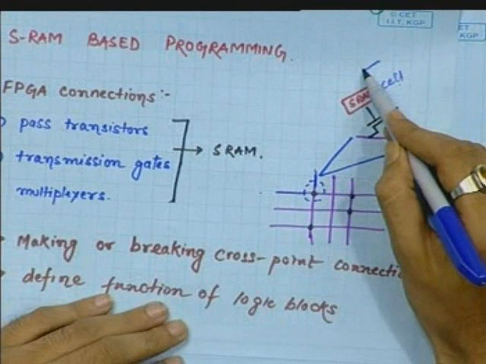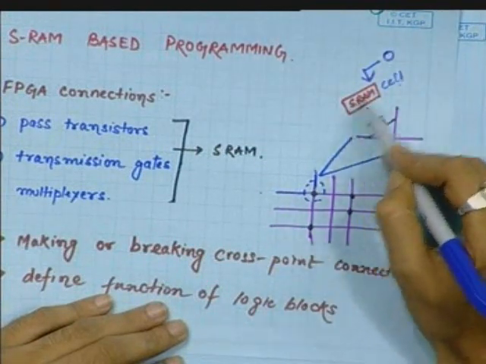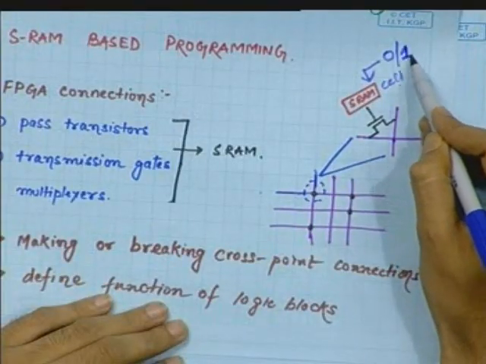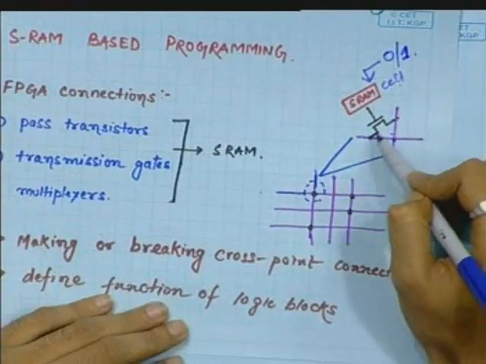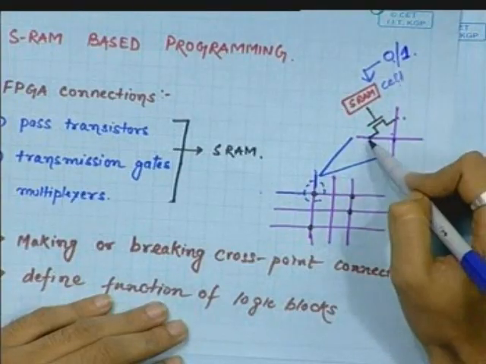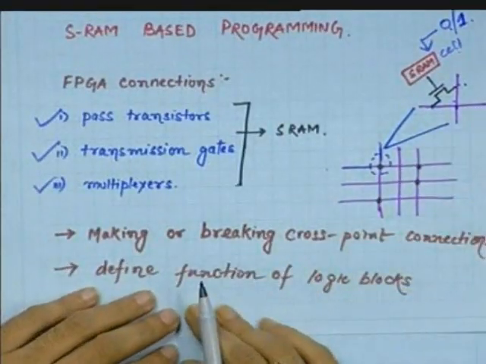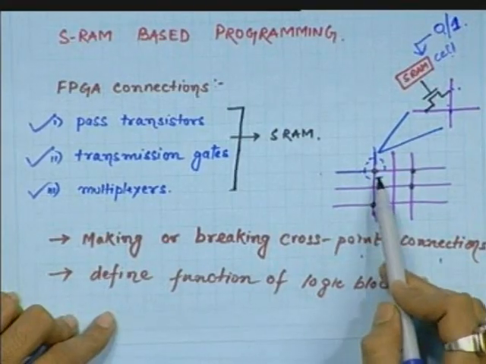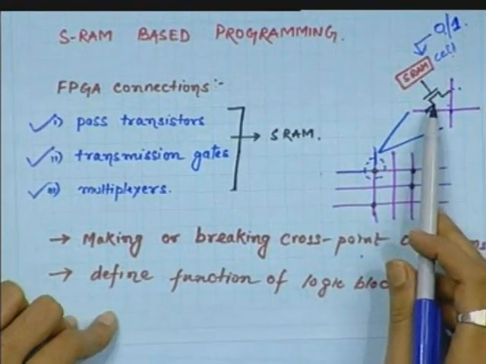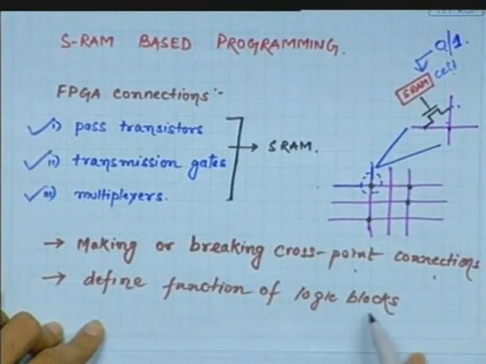Now, we can program this SRAM cell to have 0 or 1. When it is 1, this creates a connection between these two lines. When it is 0, this connection is open. So, what is there is actually making or breaking of cross point connections, and defining the function of the logic blocks.